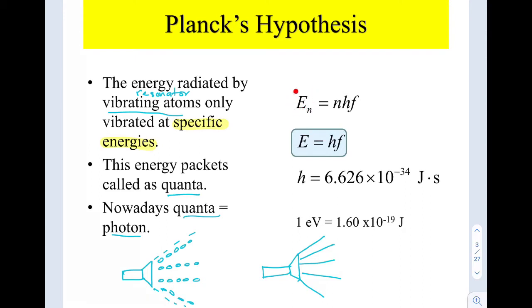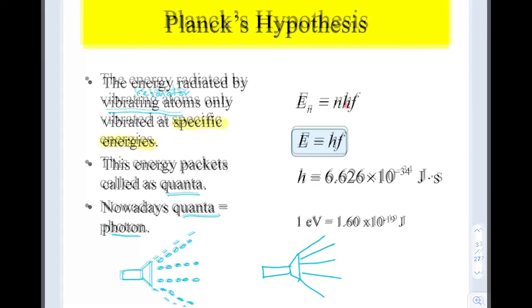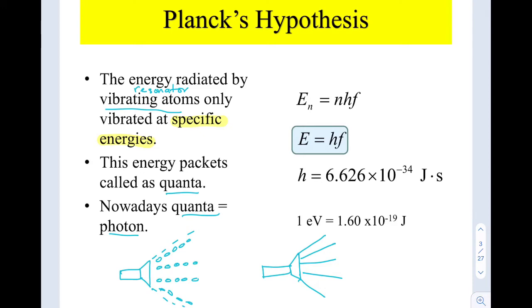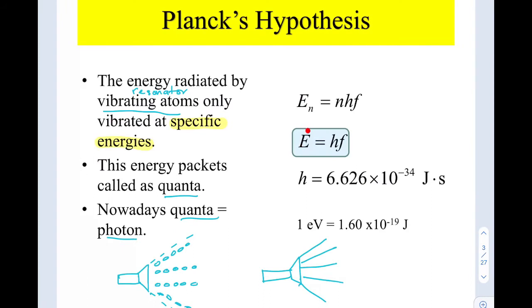The energy within a packet, quanta or photon is equivalent to nhf in general. Why is there an n here? The n represents the level of the energy, the order. The n is also known as the quantum number. In general, the energy within a quanta or photon is equivalent to hf, where h is the Planck constant.